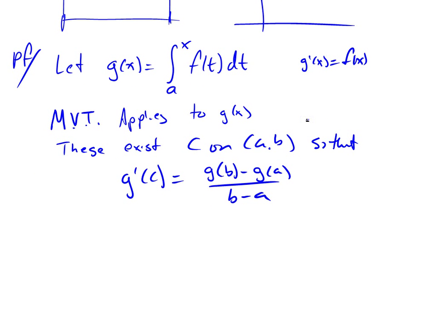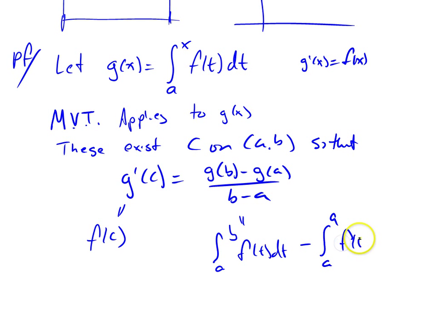Well, g prime of c, we happen to know from up here, is just equal to f of c. And then plugging stuff in over here, this is equal to g of b. Here's the definition of g right there. So I've got the integral from a to b of f of t dt minus g of a, that would be the integral from a to a of f of t dt. Well, that's easy enough to do because the integral from a to a is going to be 0. And that's all over b minus a.